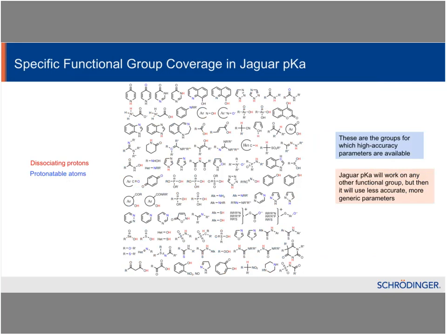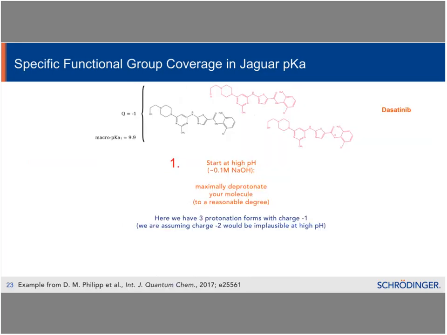Basically, as you're doing the calculations, we construct these parameters for your functional group by doing some clever mathematics. We are learning from the structure of your molecule and from the available basis set of these parameters for these functional groups, and basically interpolating these parameters to represent your molecule in the best possible way, even if we don't have specific parameters for your functional group. So this usually works very well.